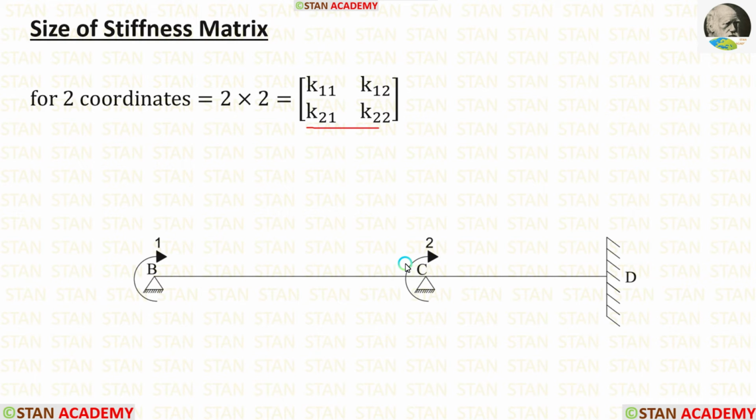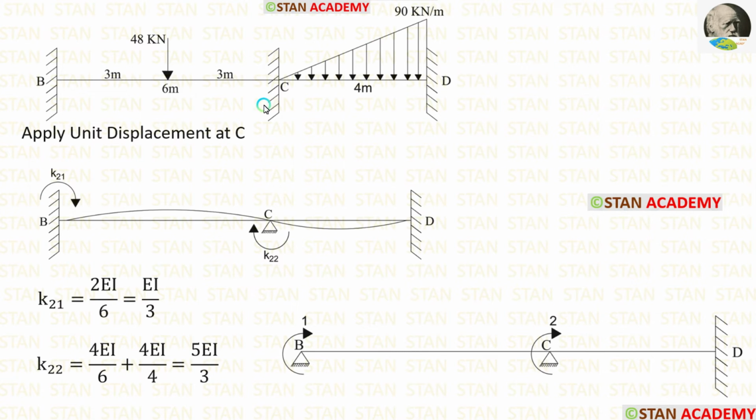For that, we have to apply unit displacement in the second coordinate. In the second coordinate C, there is a fixed support, but when we apply unit displacement, it is no longer a fixed support, it becomes a hinged support. Now let us see how to draw this curve.